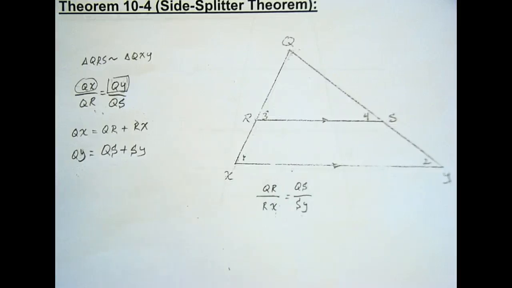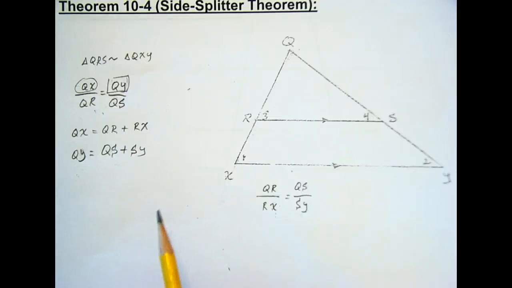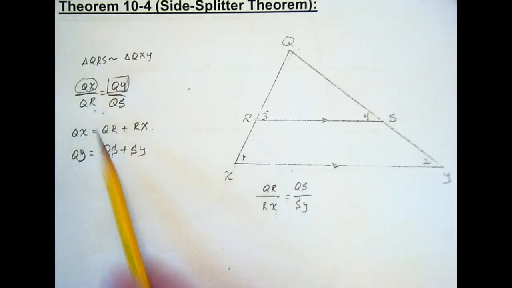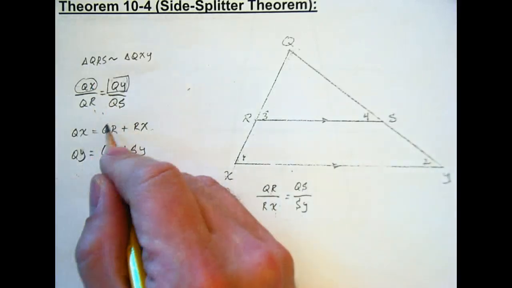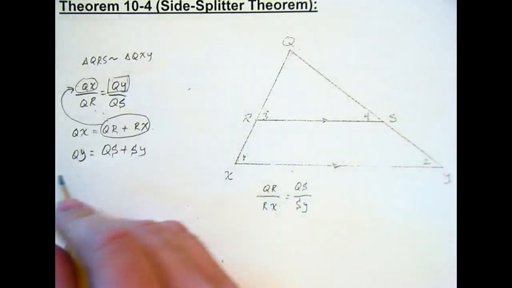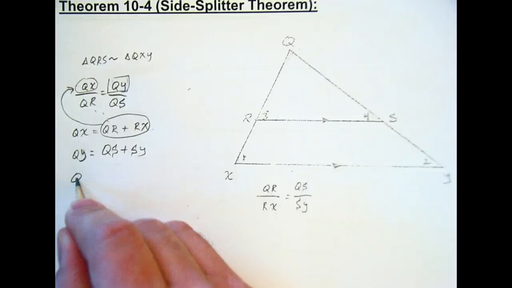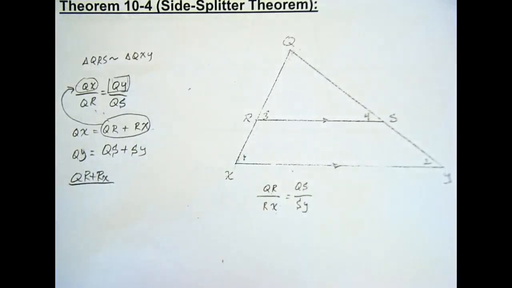Isn't it because if you have QR and RX, that equals QX, the whole line with Q? It does. We've got that here, but we're trying to get to this. Okay, let's substitute this in for that. That then gives us QR plus RX over what? QR.